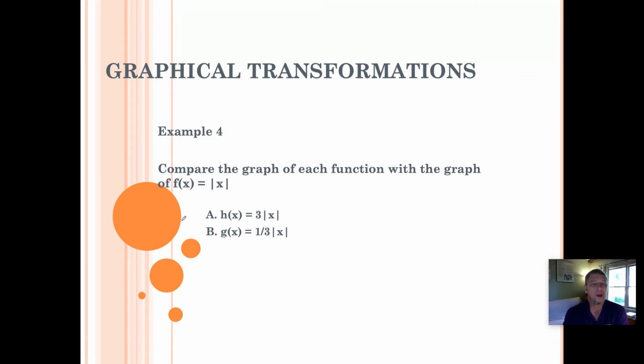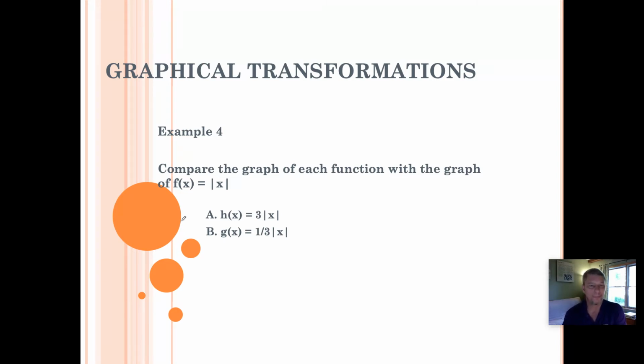So what I want you to do is to compare the original graph, f of x equals the absolute value of x, with h of x equals 3 times the absolute value of x, and g of x equals 1/3 times the absolute value of x.